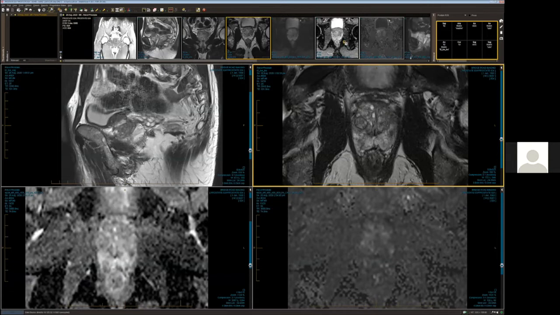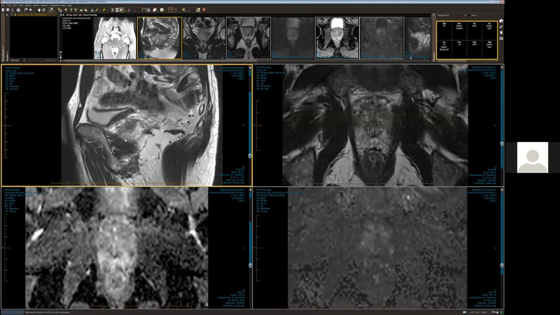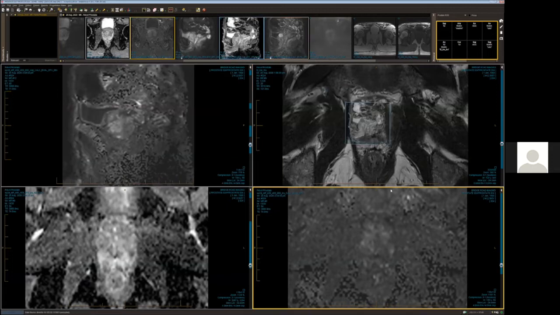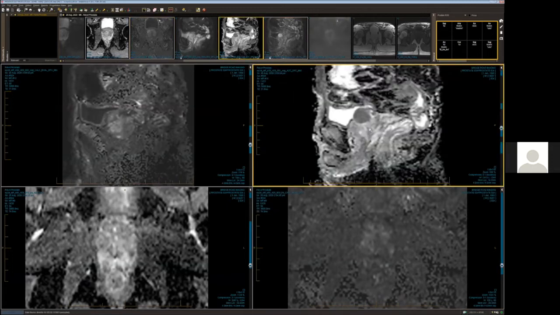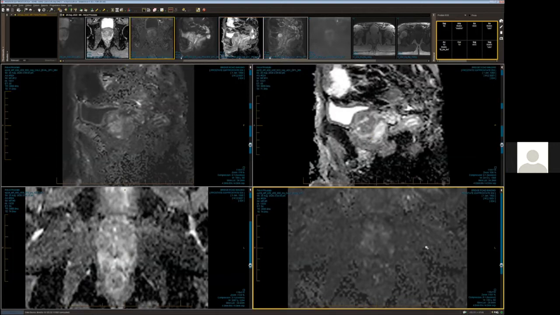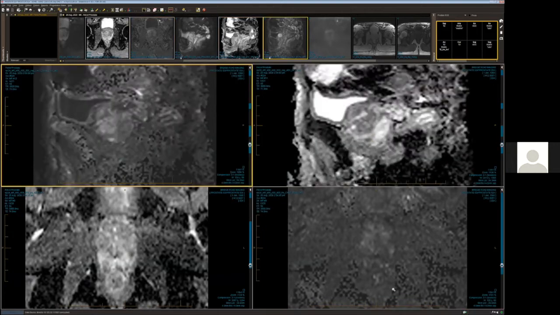And if I put the sagittal high B value up there, we can see it again here, and we'll put the ADC next to it. We can see here it's dark on ADC and bright on high B value. So I think that's a PIRADS 4 measuring 0.6 centimeters in size.